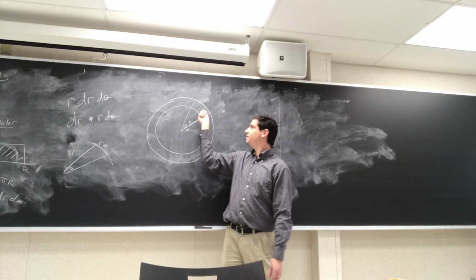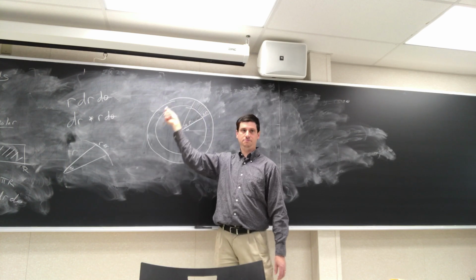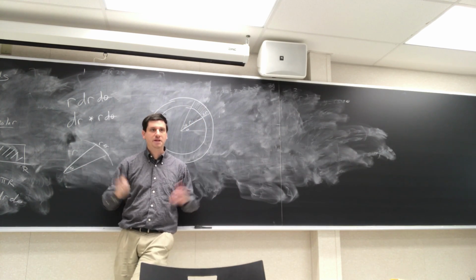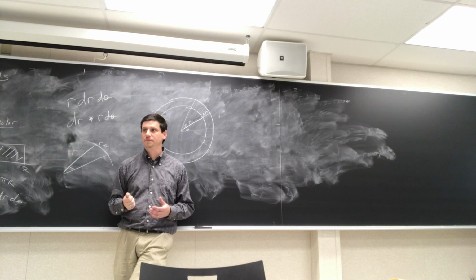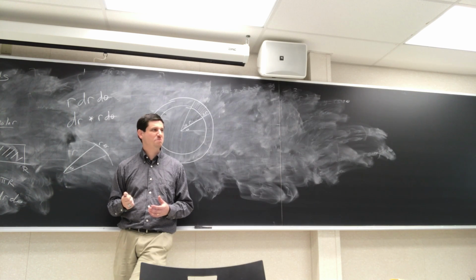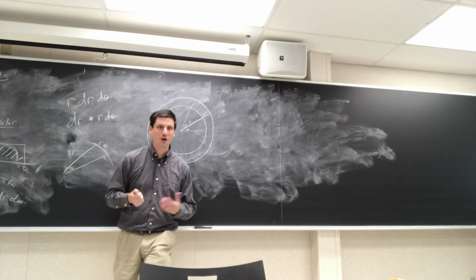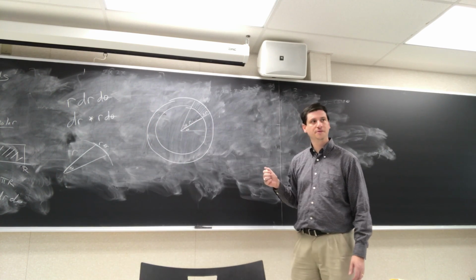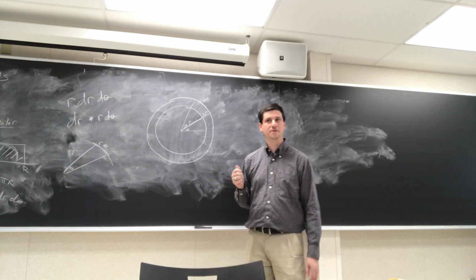So the first thing is, let's find the area of the whole ring. So the area of the whole ring is big circle area minus little circle area. It's probably not really good to say big circle and little circle because they're almost exactly the same size. We'll do outer circle, inner circle. What's the area of the outer circle? Yes?